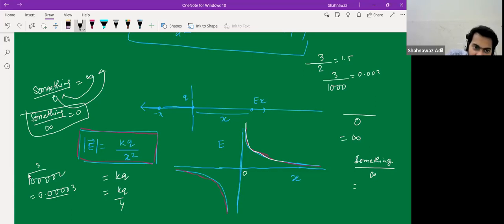So when the denominator is a very large number, it will approach nearly 0. So something by a very large number is 0. From the initial point, this was a very high value, and then it started decreasing.